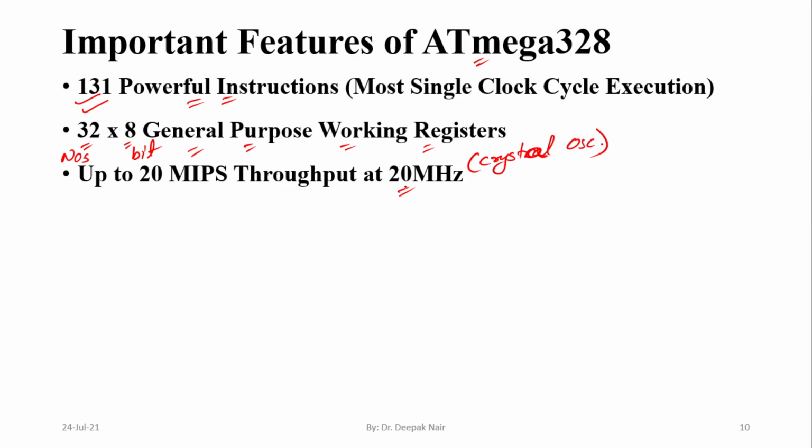But remember, 20 megahertz is the maximum speed of Atmega 328, and it can achieve up to 20 million instructions per second. So it means with each clock, this microcontroller can execute one instruction most of the time. So it can reach up to 20 million instructions per second. 20 million means 20 into 10 to the power 6 instructions per second.